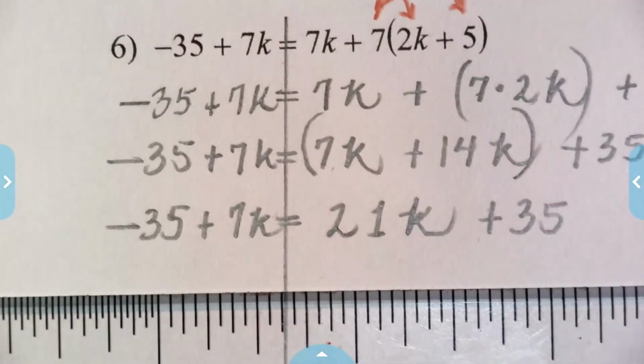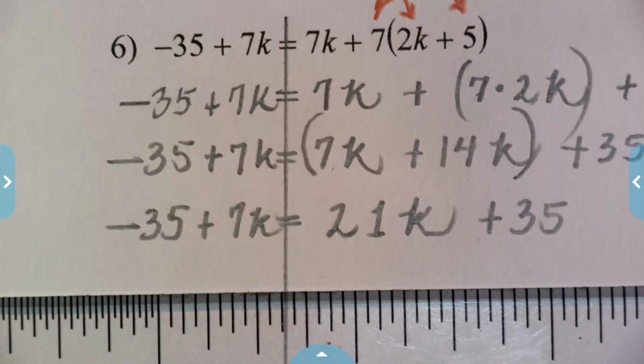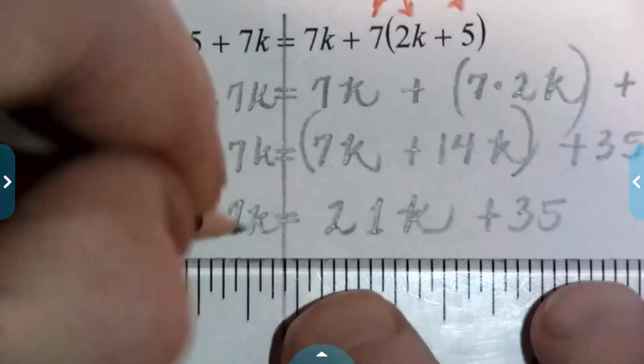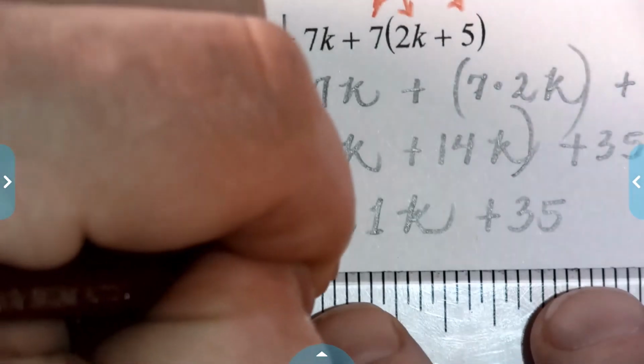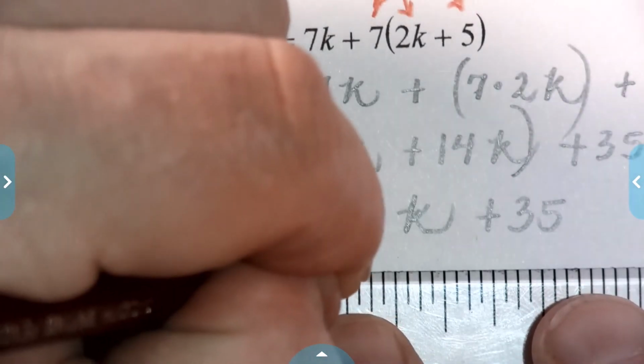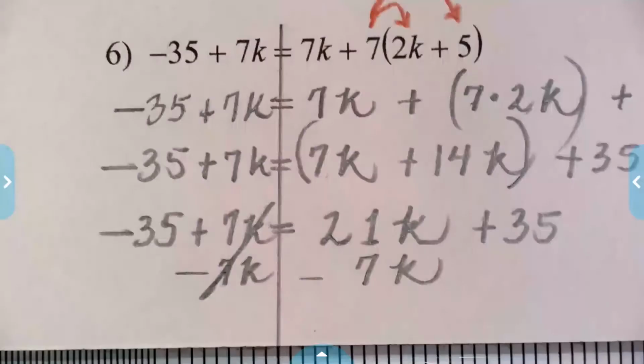Things are starting to come together, aren't they? So anyway, I think we should subtract 7k from both sides. Cancel.